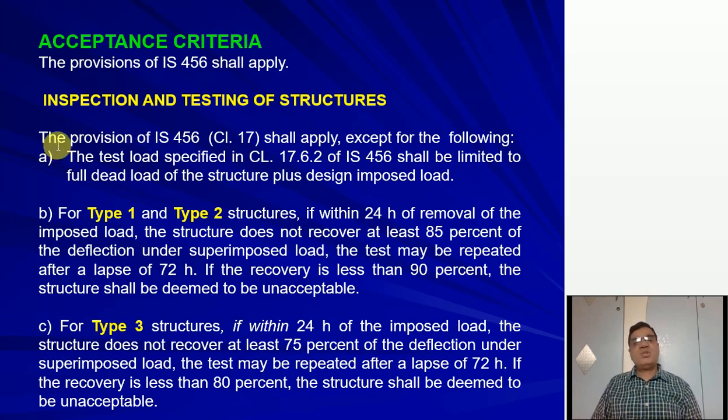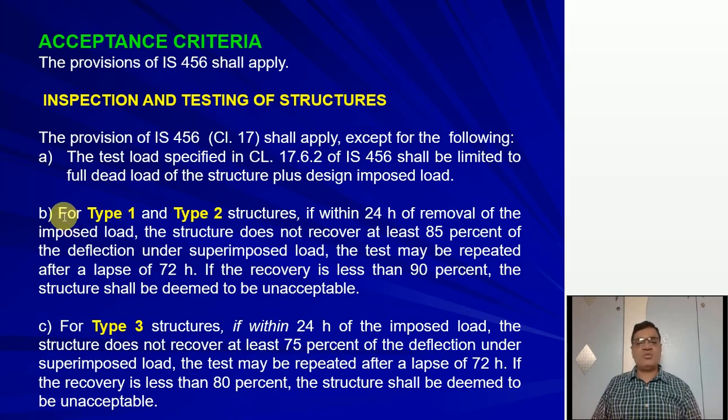The provisions of IS 456 given in clause 17 shall apply except for the following. All the sub-clauses given in clause 17 are applicable except clause 17.6.2, which shall be limited to full dead load of the structure plus design imposed load. So this is not applicable here. Remaining clauses are applicable. Now which point is applicable instead of this clause?